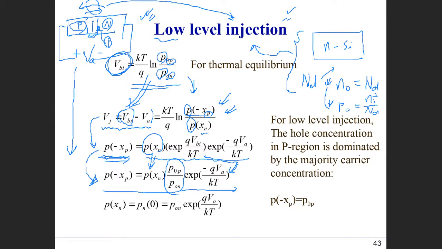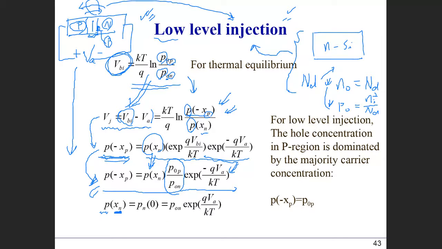Now, in here we're going to rewrite this one in terms of the hole concentration at the edge of the depletion region in the N side. Okay. If we look in here, it will follow this equation.